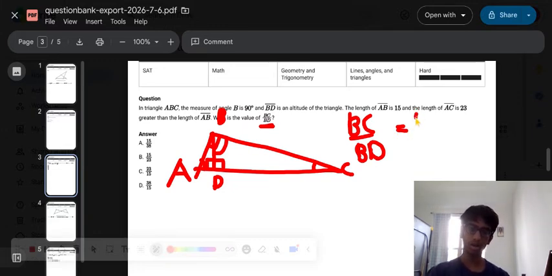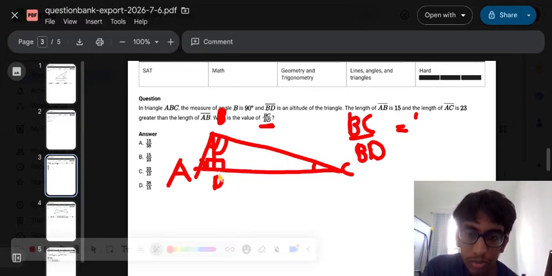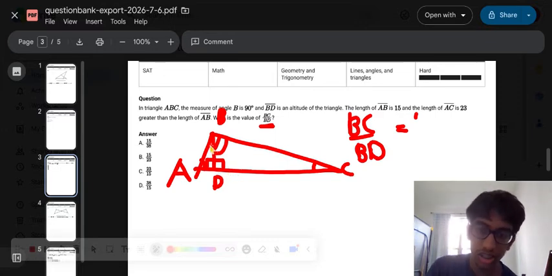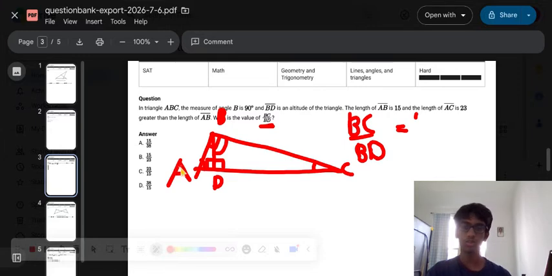Oh wait, sorry, the hypotenuse of your triangle CBD is actually BC. It's super hard to see. Yeah, BC is your hypotenuse, and then your hypotenuse of ABC is AC. It's kind of hard to see because this is just ink and it's not thinner, but we'll have to make do here.